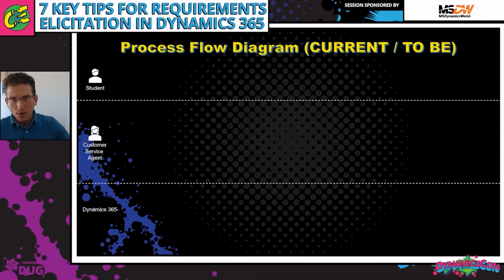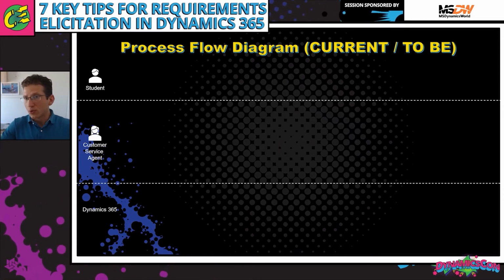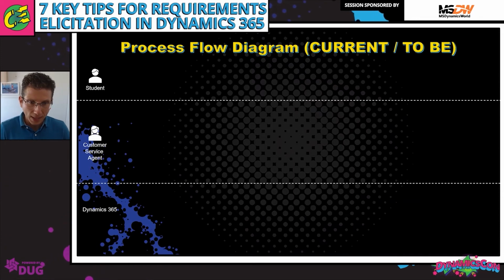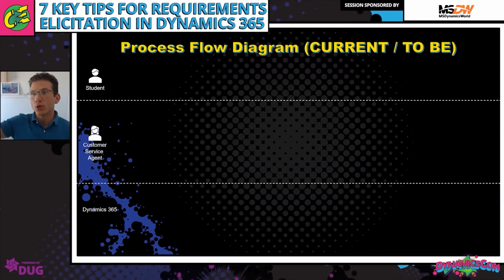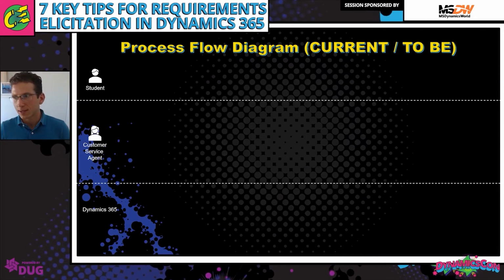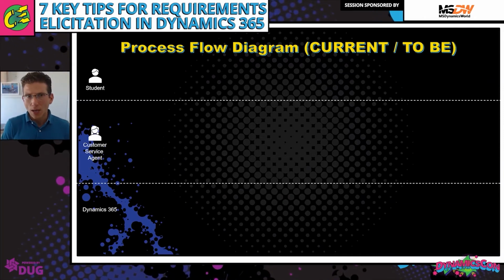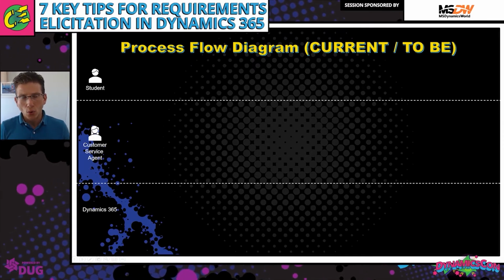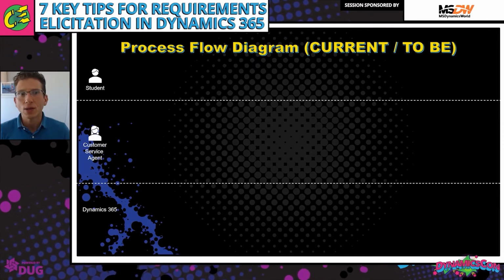Both are used in different situations, right? With the current state, you analyze what is happening now and what the issues are. The to-be state is your future state of how the process will be later, right? So we used the process flow diagram for the current state to understand that whole managing of inquiries, right?